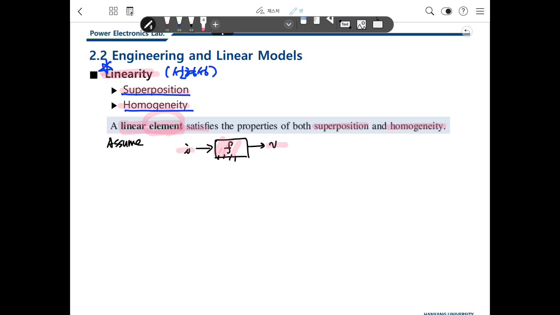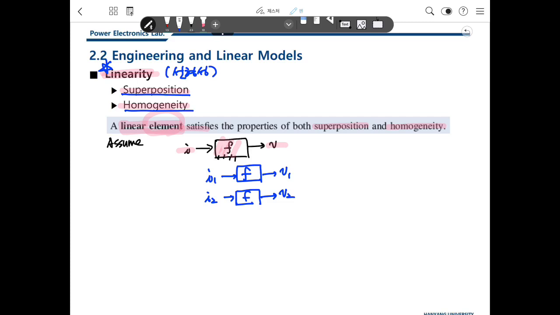I don't know what F is, I, or V. But we can check: when I1 is inserted to F, we define the result as V1. And we insert another input, I2, and we can gather another output, V2.